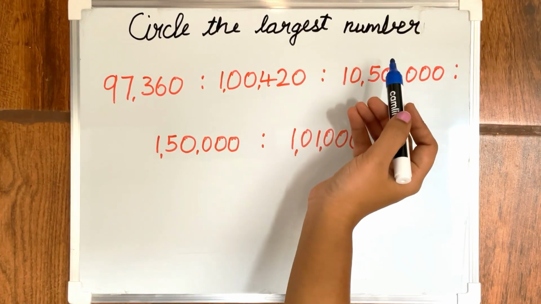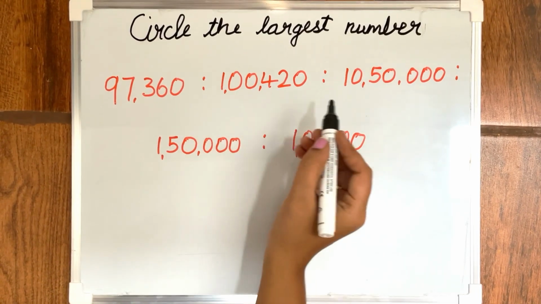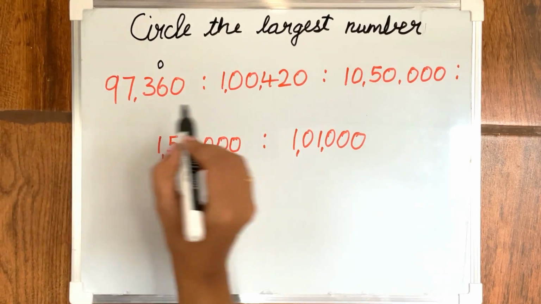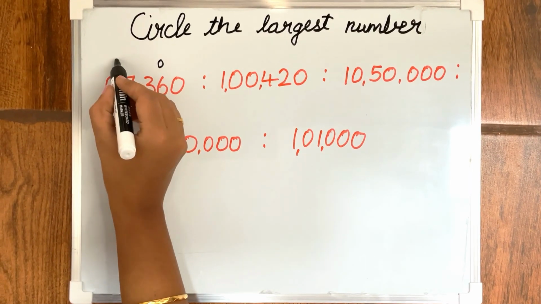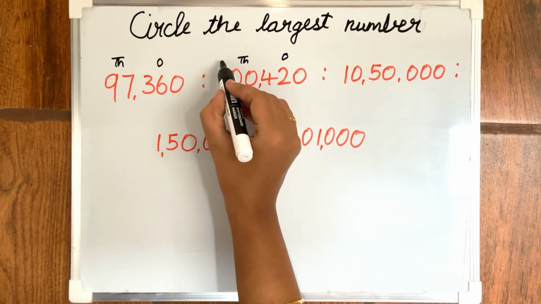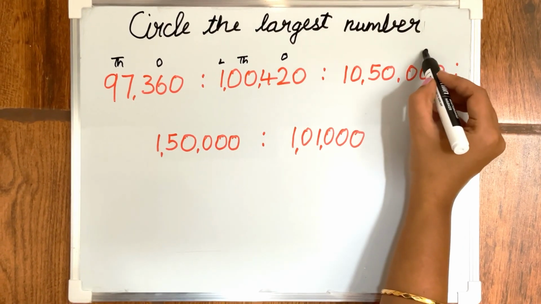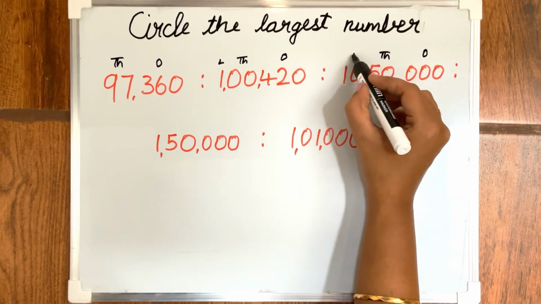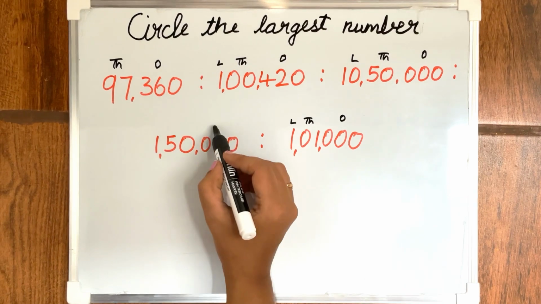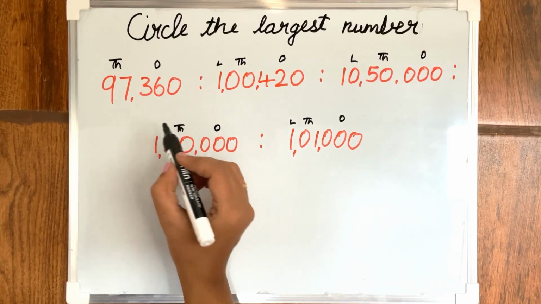Circle the largest number. So here also we will go according to the periods. We will write the periods above each number. Ones, thousands, lakhs.